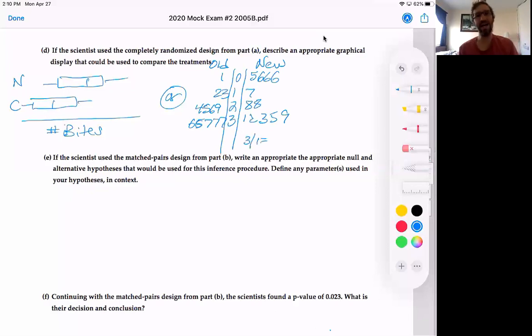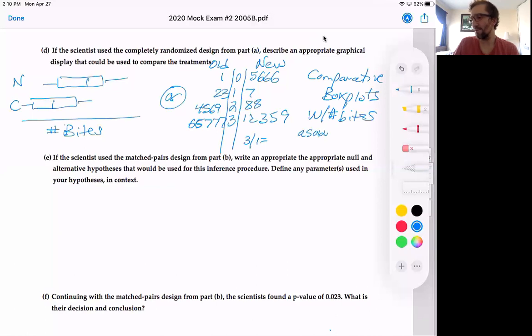Now, you weren't actually asked to make a graph, but I just want to connect this with graphs that you've seen and what it could look like. So describe an appropriate graphical display. You could do comparative box plots, with number of bites as our variable between two groups.